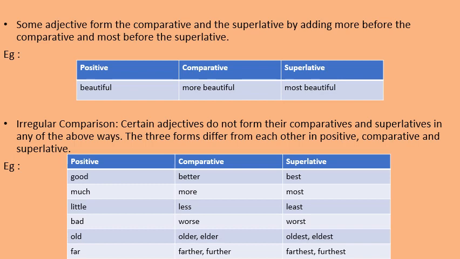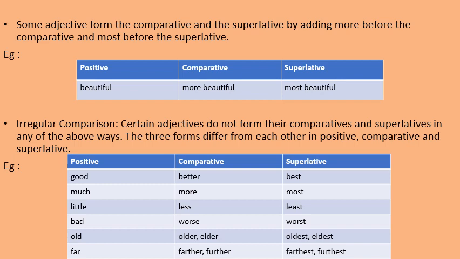Some examples: these are the irregular positive forms of adjectives mainly used. First is good, which changes to better, best. Next, much changes to more, most. Little, less, least.